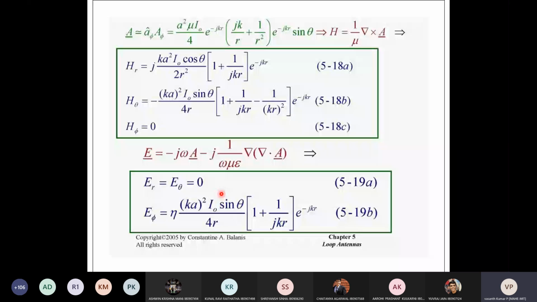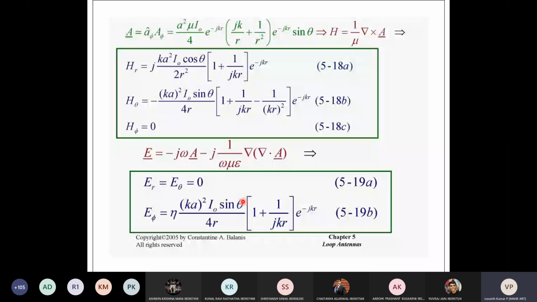If you see an infinitesimal magnetic dipole, that means infinitesimal dipole antenna with a magnetic current, you will find that the small circular loop is equivalent to an infinitesimal magnetic dipole placed along the z-axis. That's why he had given the arrow mark there. Otherwise, it is not necessary to consider that.